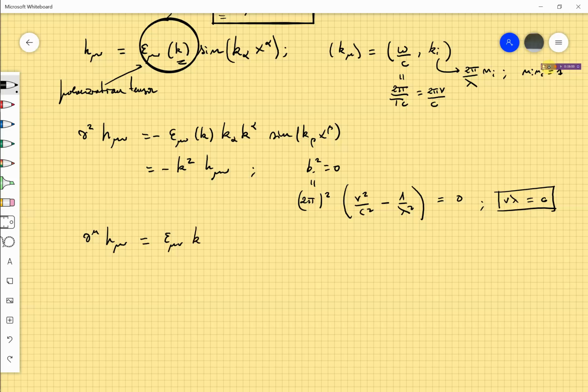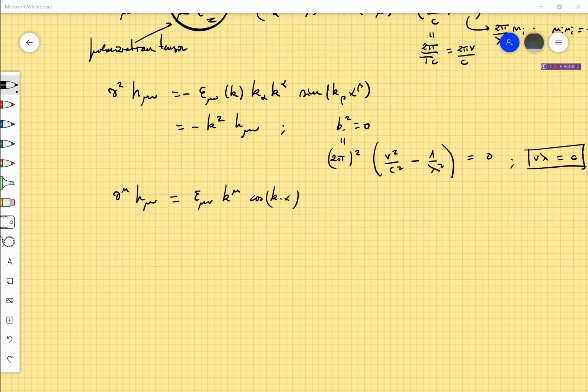You get a k mu from the derivative and a cosine of k dot x. You also need a partial nu of h, where h is just the trace. Let me write epsilon, and this gives you k nu cosine k dot x.